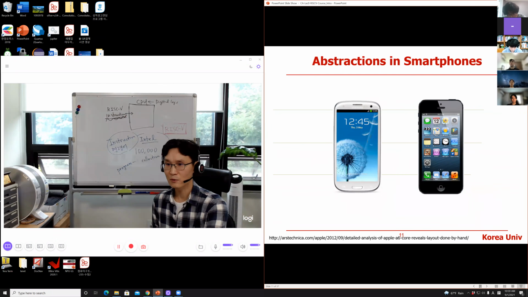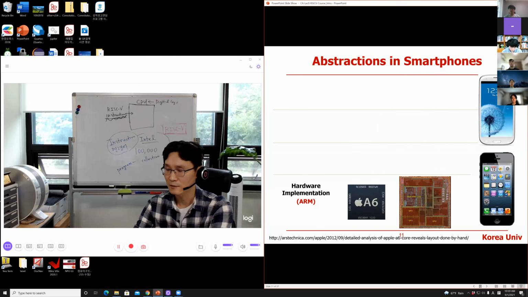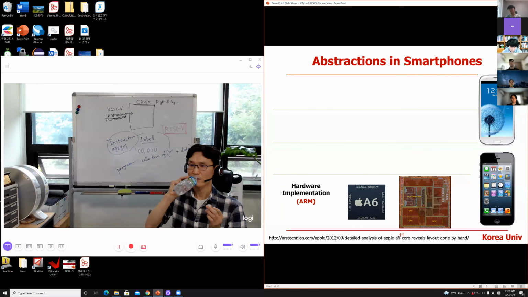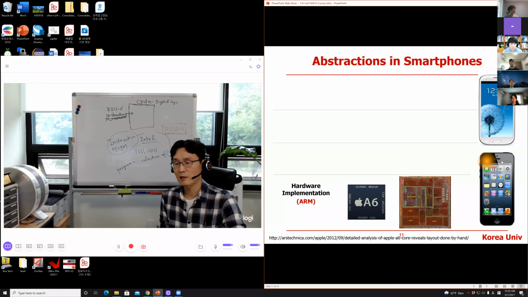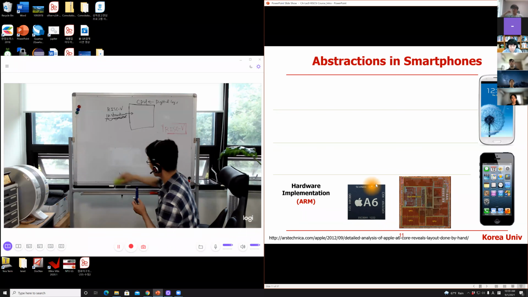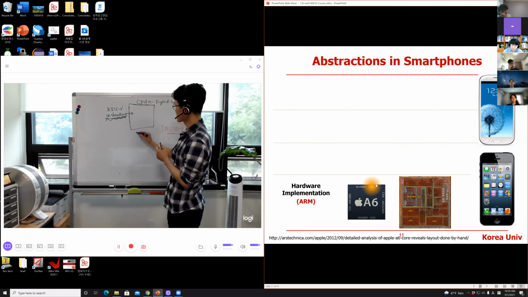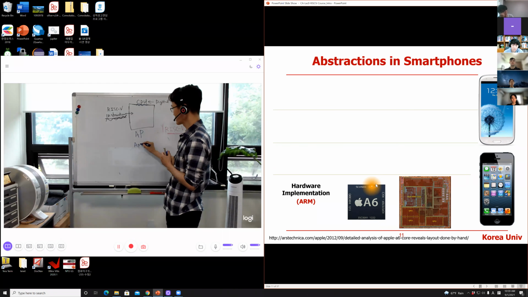How about the smartphone world? If you open this box, this package, then you can see the brain of the smartphone, which is called the application processor. Smartphones use a slightly different terminology: instead of CPU, they use AP, application processor.